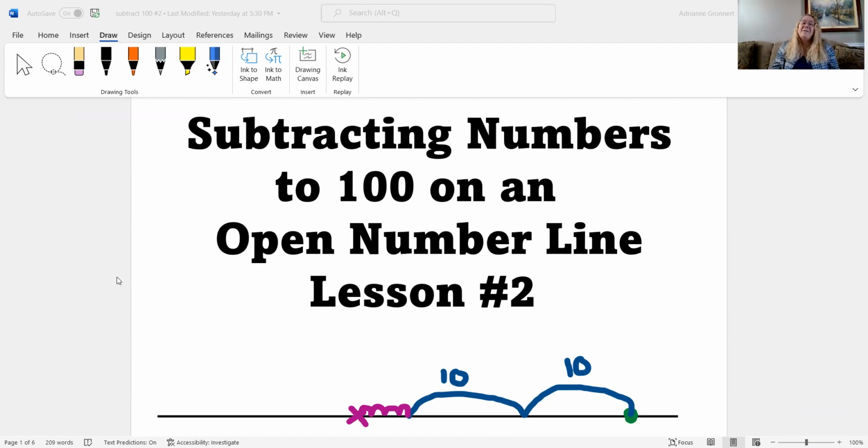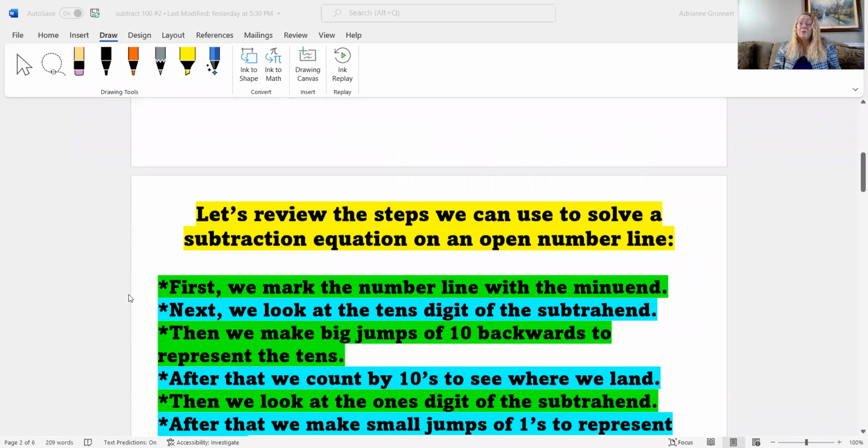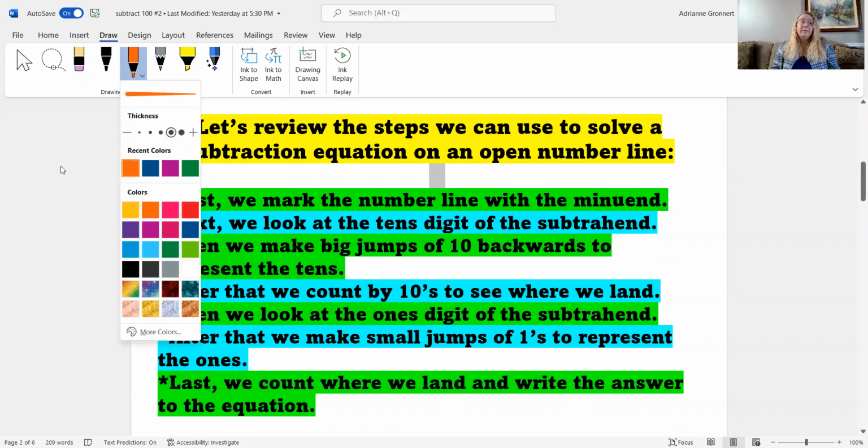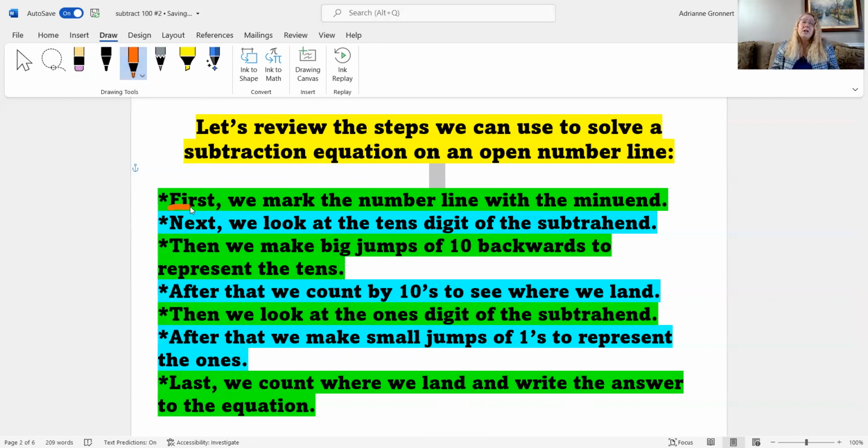Okay. The first thing I want to do is review the steps we can use to solve a subtraction equation on the open number line. The first thing we do is mark the number line with the minuend. Do you remember what the minuend is?